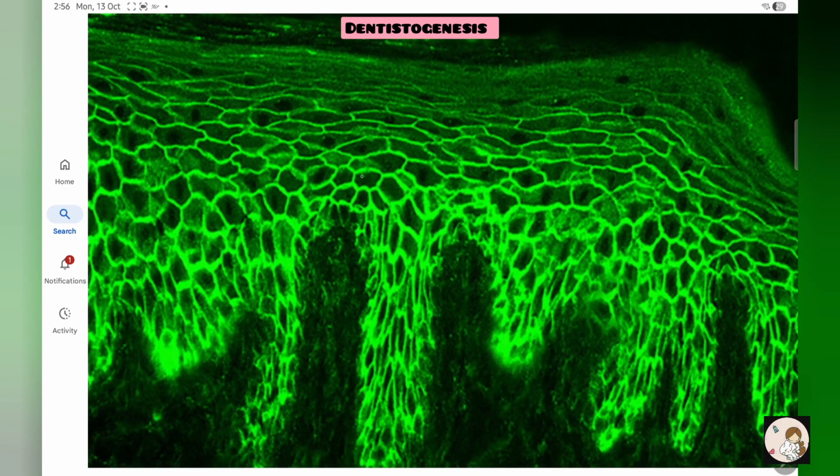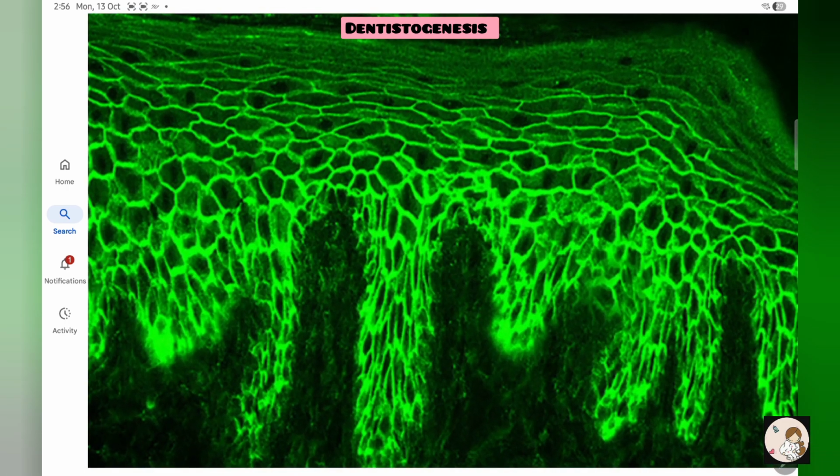So this does appear like a chicken wire and fishnet appearance, and this appearance shows that there is a presence of IgG antibodies between these cells, where the green or bright neon color says that there is a presence of IgG between these cells.